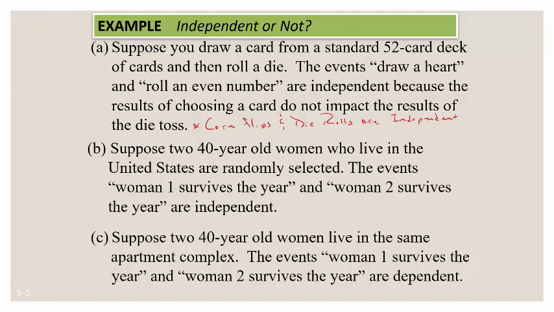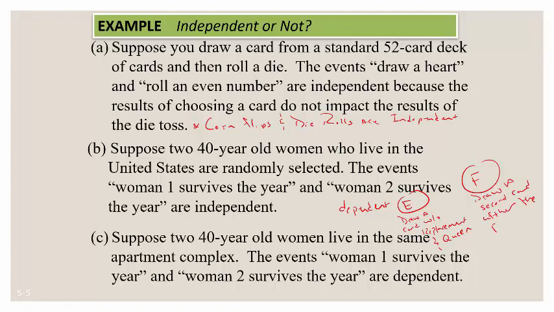Okay, let me give you another example of dependent events. So you have event E: you draw a card from a deck without replacement. So after you draw it, you don't put it back, and you get a queen. And event F is you draw a second card after the first, and you get a queen.